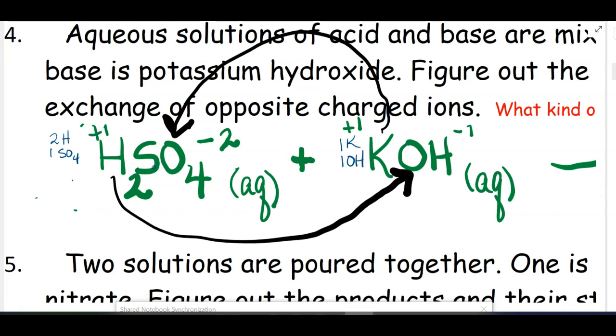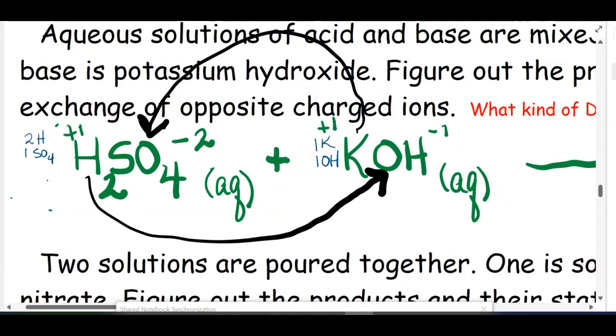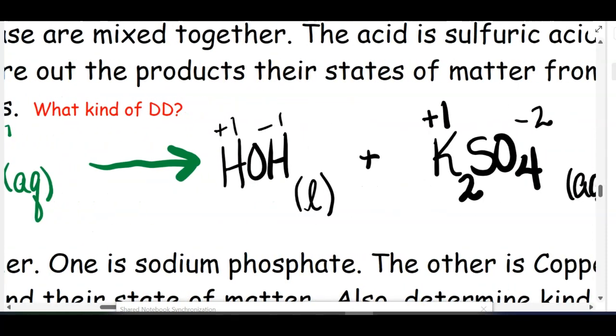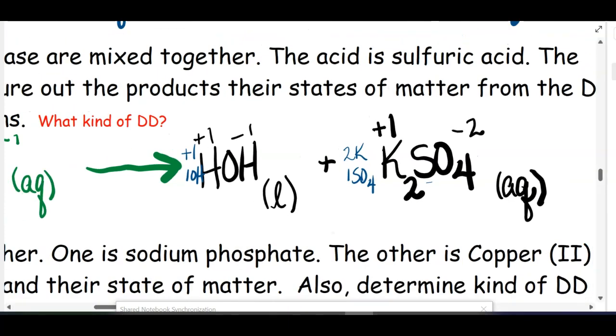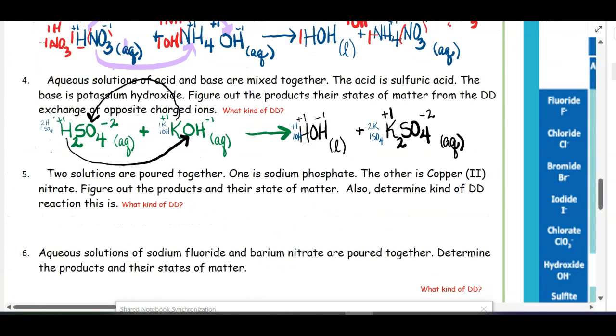All right, did you see that? All right, now we'll go over to the other side and count. We have one hydrogen and one hydroxide. Here we have two potassium, but one SO4. All right, now let's look at both sides and see if they match.